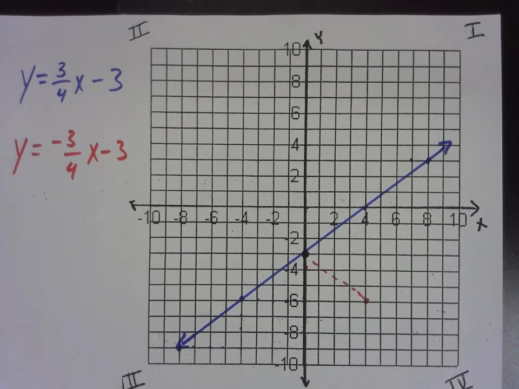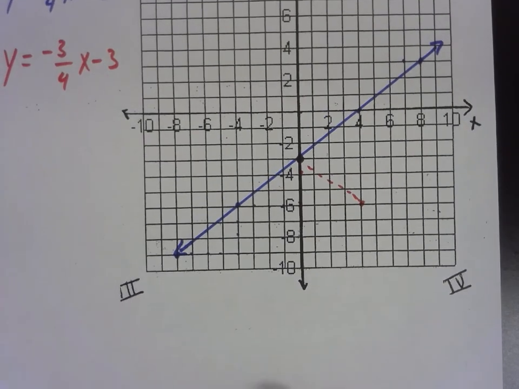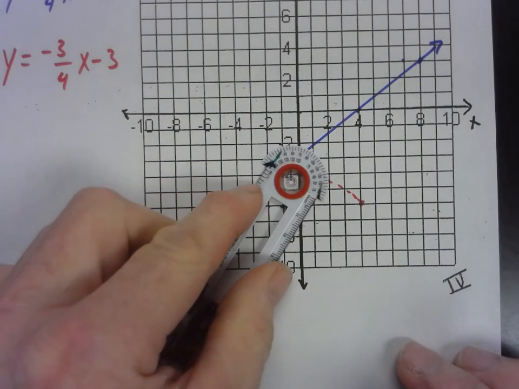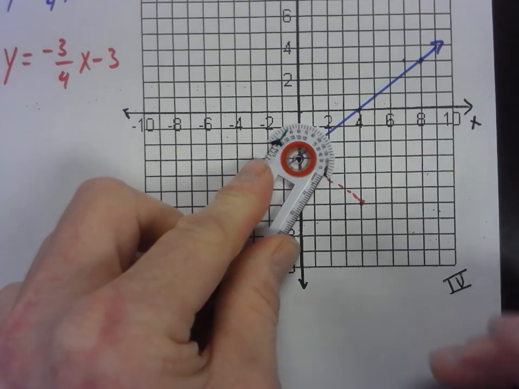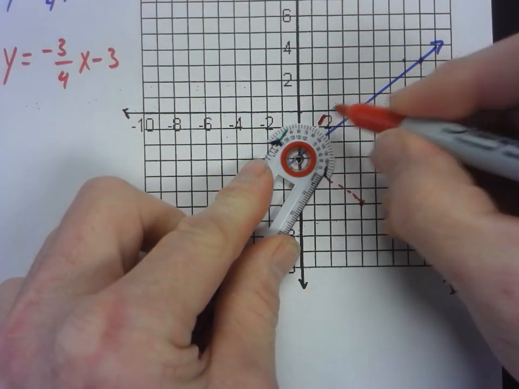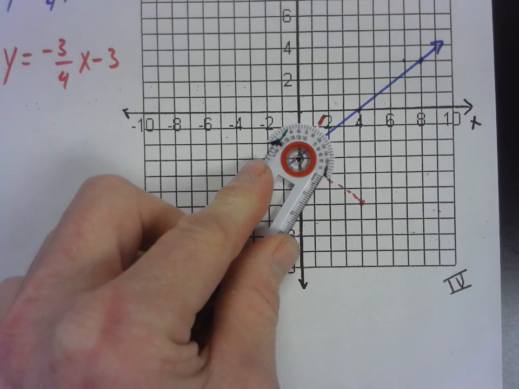I don't think it does. What do you think now? Here's the point. That's 90 degrees right there. It's definitely not. Okay, so we can see that a little bit better.